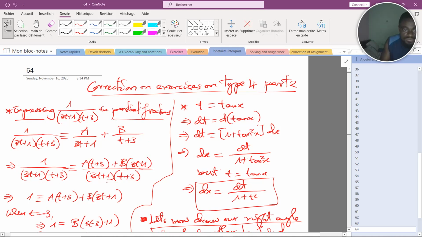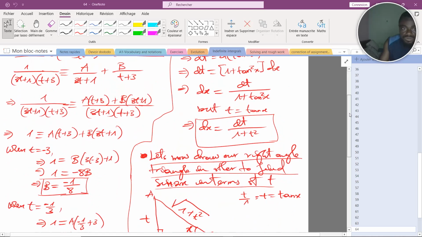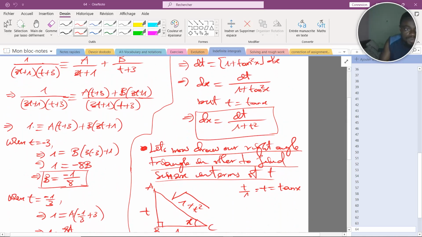This divided by this, we have a into t plus 3, plus b into 3t plus 1 from this divided by this. Now, since this numerator is the same as this new numerator, naturally this one will be identical to the top. So 1 is identical to a into t plus 3 plus b into 3t plus 1.